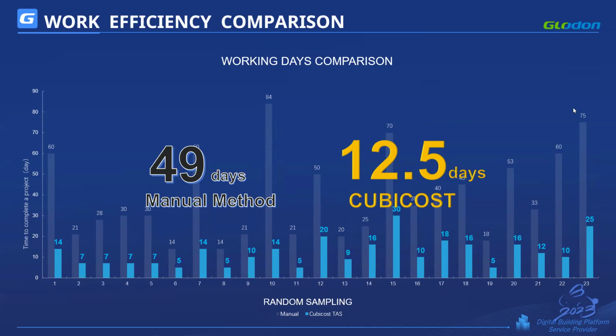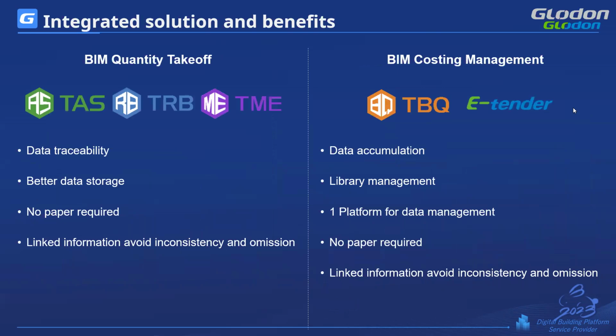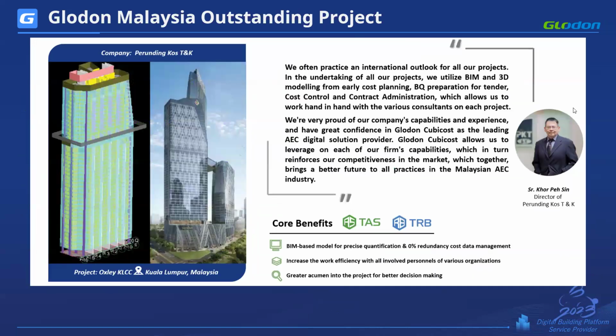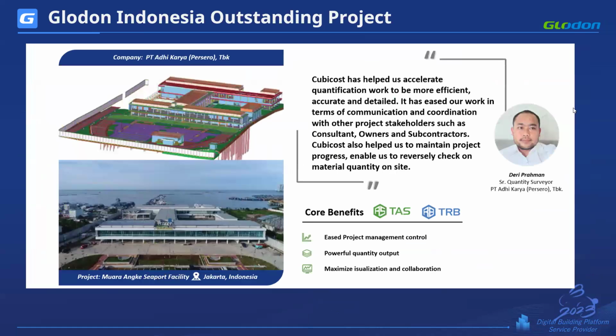So this data is according to our research and development team. You can see BIM quantity takeoff, BIM quantity management, data traceability, better data storage, no paper required, linked information, avoid inconsistency and omissions. So these are the benefits of BIM quantity takeoff, and you can see some benefits of TBQ and e-tendering as well. So these are some big clients of ours, and these are some big projects completed by using this Cubicos 5D BIM software.